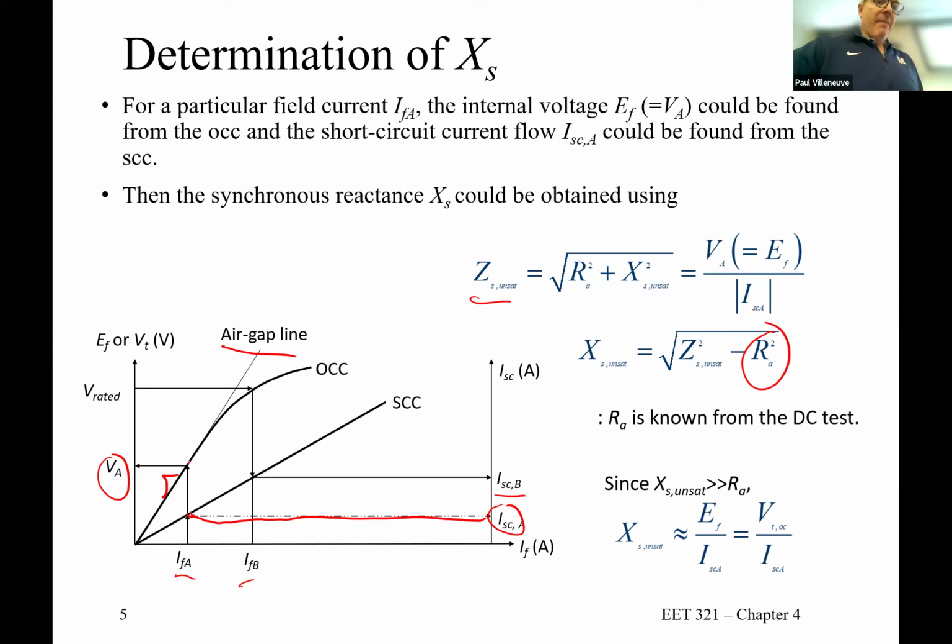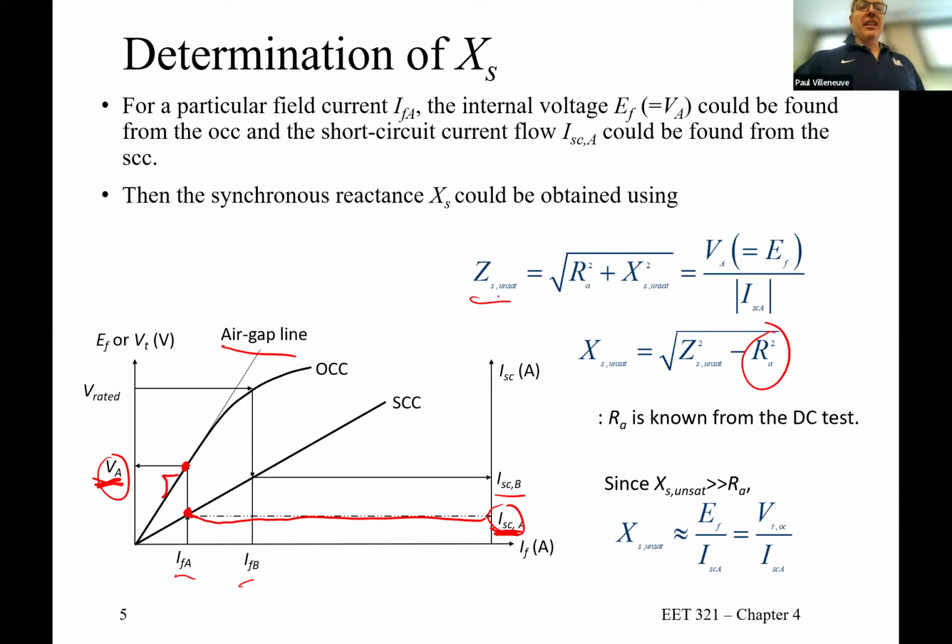So I'm going to pick any point on the curve that the open circuit characteristic is linear. So I'm picking this point right here. Okay, that's non-saturated. That gives me a voltage, gives me a magnitude of a voltage. Now, at that same excitation current, not a different one, but the same one, I'm going to get a short circuit current off that curve right there that I read from this value.